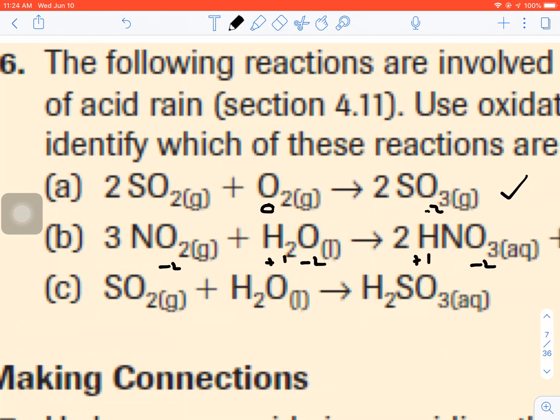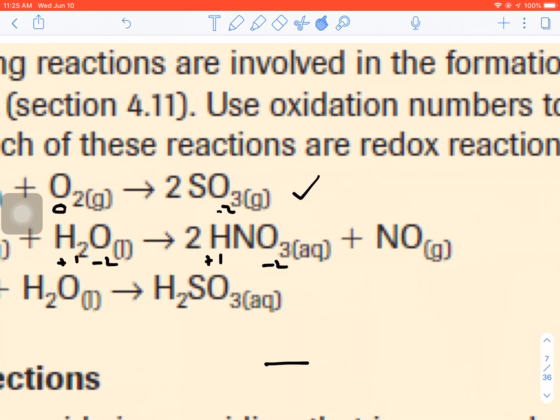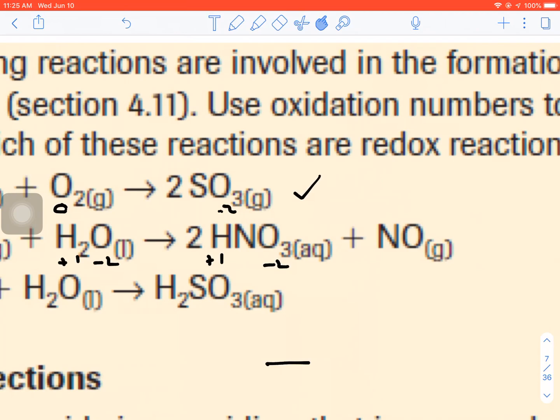And what about the nitrogen? On the left here, I've got 2 oxygens. Oh, actually, I'm not done yet. Over here, I have an oxygen which is -2. Okay, so notice here that the nitrogen has to be +2 to balance out.